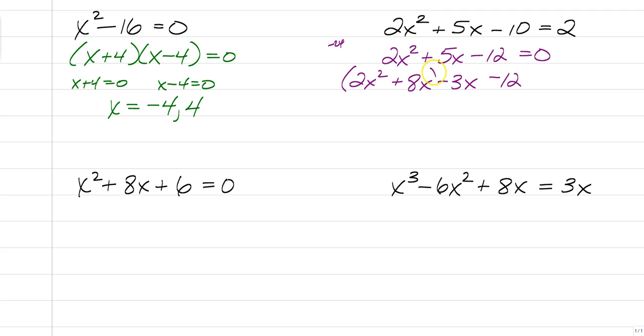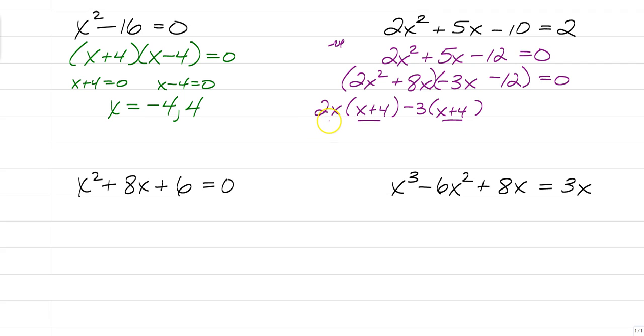This is the part where you group the first 2 and the second 2. And of course, that's equal to 0. Factor out your GCF of the first group. That would be a 2x, leaving you with x plus 4 inside. This one, you're factoring out a negative 3, leaving you with an x plus 4 on the inside. Remember, you did this correctly if the insides are the same.